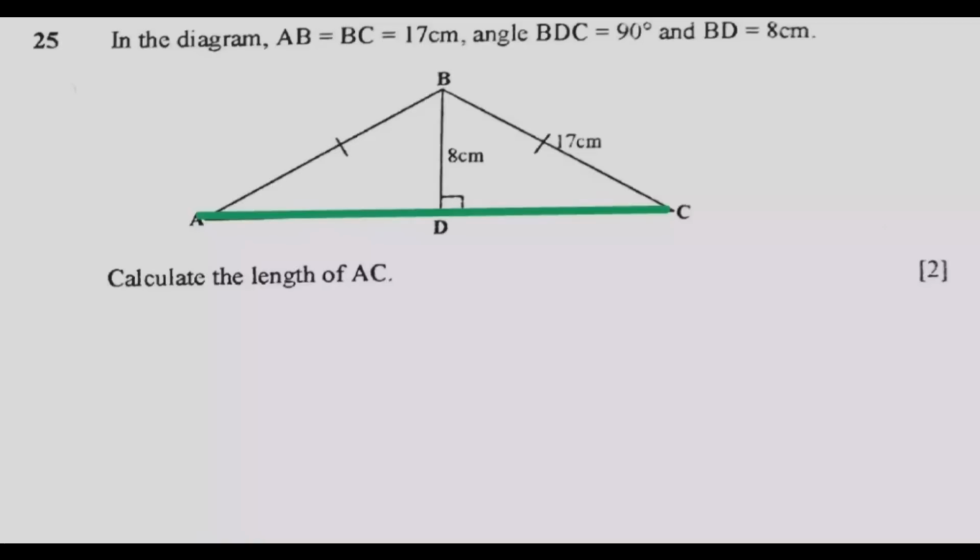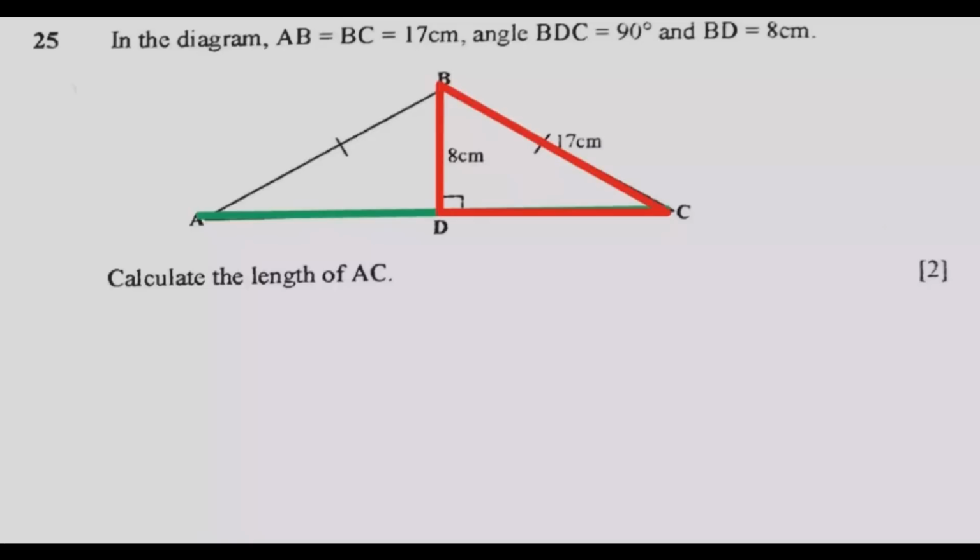To find the length of AC, we are going to use one section of this triangle to get the answer. The only possible triangle that we can use is triangle BCD, because two sides of this triangle are given.